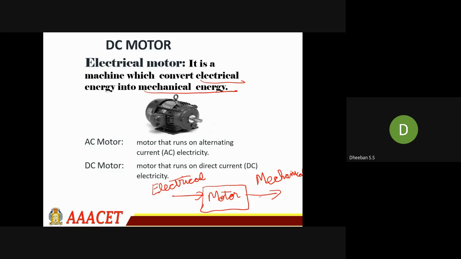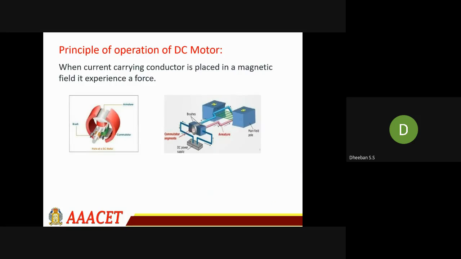This is an image of a simple motor. The AC motor is the one which runs on your AC quantity, whereas a DC motor is the one which runs on your direct or DC quantity. Moving on to the principle of operation, it is mainly based upon Faraday's laws of electromagnetic induction.